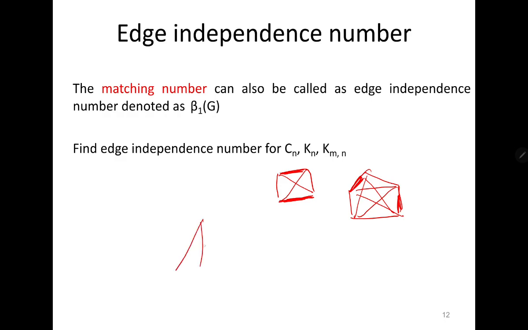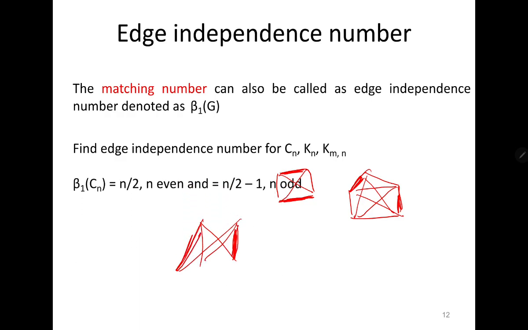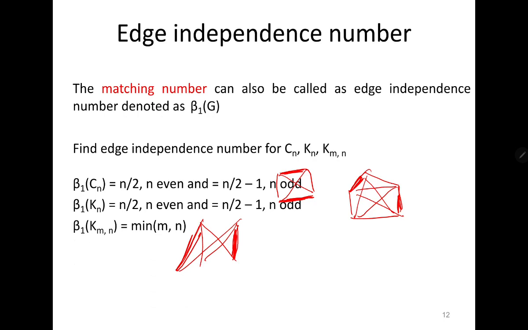If you think of K2,3, then again only 2 edges can be independent, and from there we can generalize that for Cn and Kn, the edge independence number is n by 2 if n is even, and it's n by 2 minus 1 if n is odd. And for the complete bipartite graph, it is the minimum of m comma n.